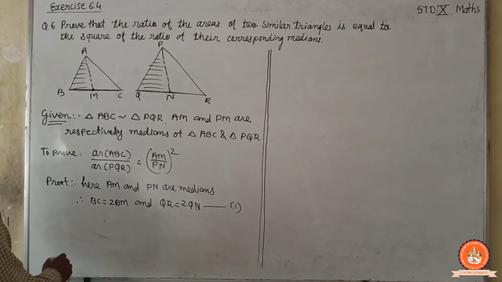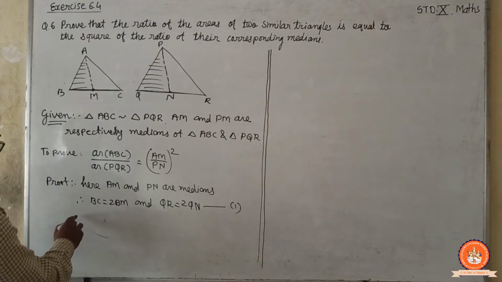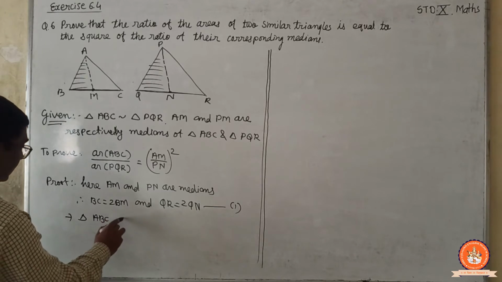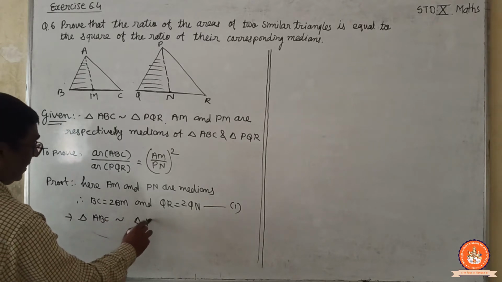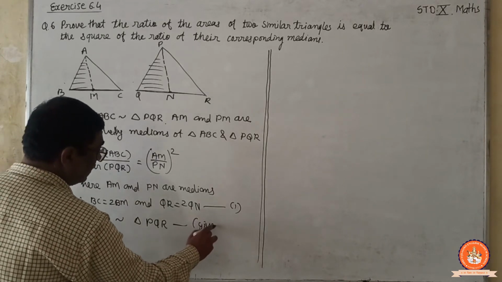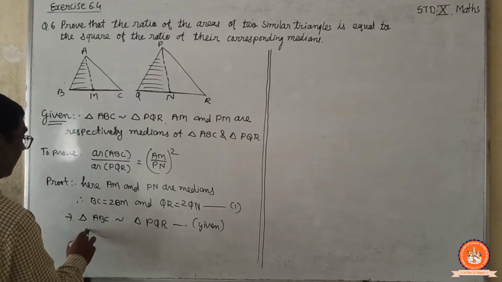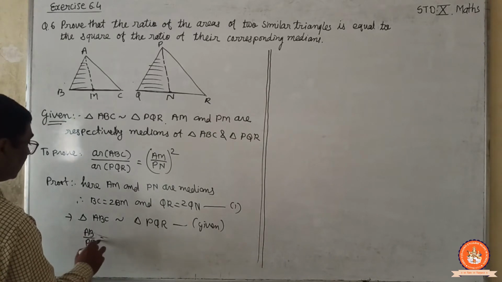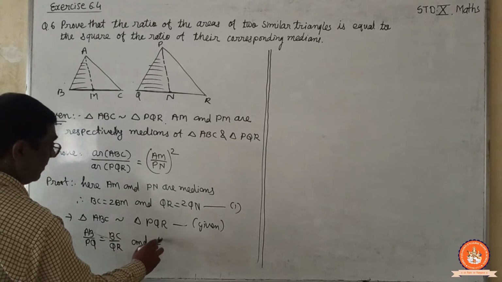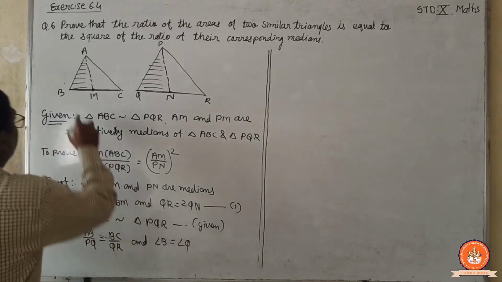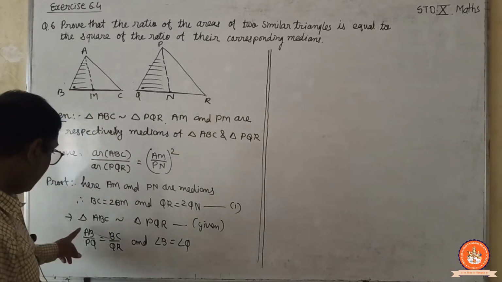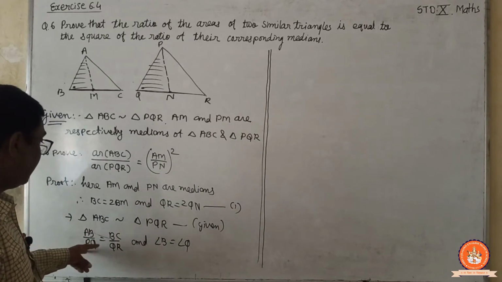Now my friends, triangle ABC is similar to triangle PQR. Okay, it's given. So we can write that AB upon PQ is equal to BC upon QR and angle B is equal to angle Q. ओके, दो ट्राइंगल अगर सिमिलर है तो उसकी कॉरस्पॉन्डिंग साइड का रेशियो सेम है.